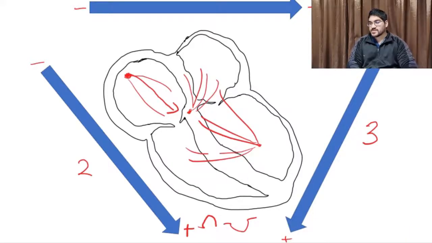So it'll be going from positive towards negative, so again you'll have a negative P-wave. So general rule of thumb, if the pacemaker is located above this line over here, above the AV node, then your P-wave is generally going to be upright. If it is located below the AV node, your P-wave is generally going to be downward.